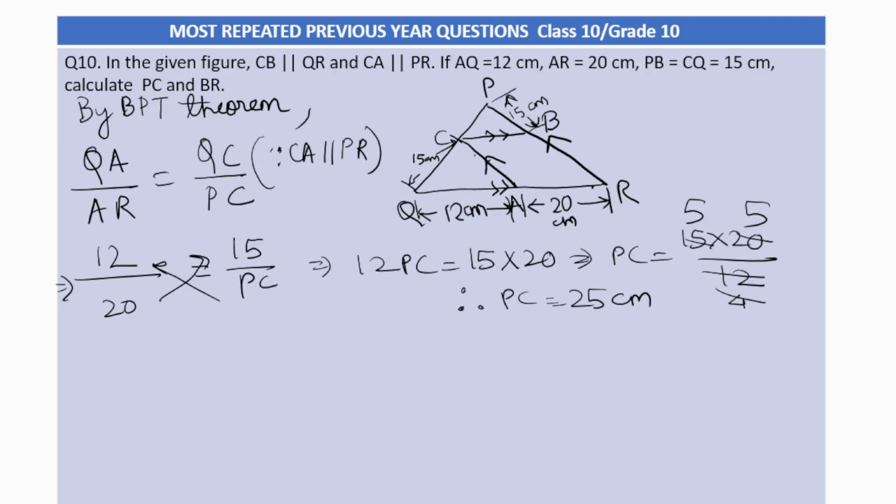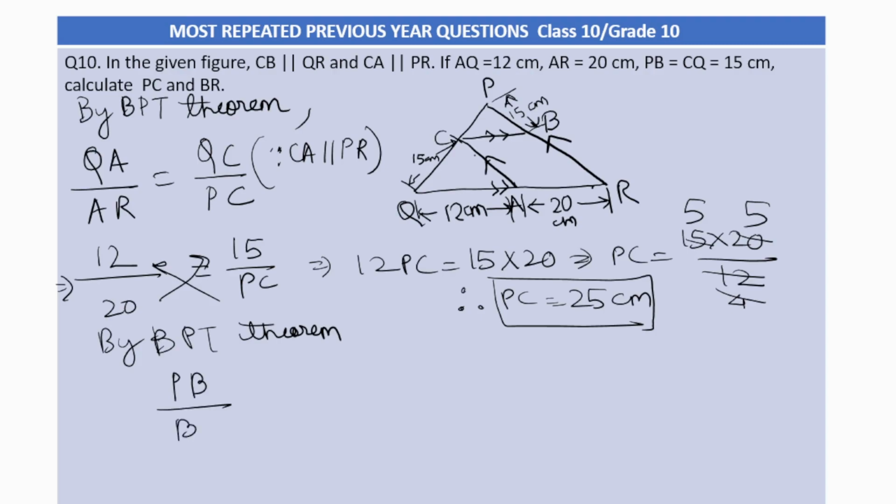Now we can use this PC value to calculate BR. Again by BPT theorem, we can use this to ensure the side proportionality. Here we are trying to find BR, so PB by BR is equal to CP by CQ. How is it?